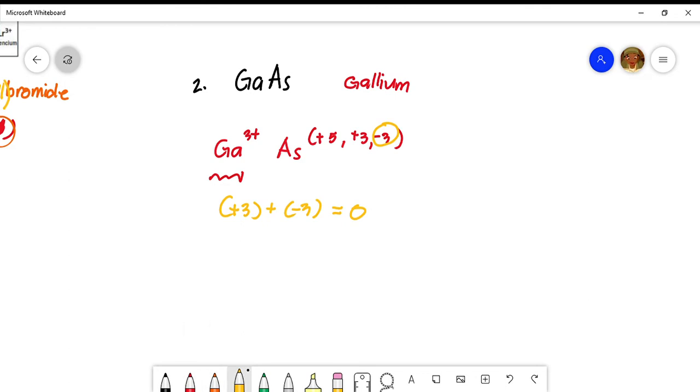So we do not leave this here since gallium only has a positive 3 charge. So we can directly write this as gallium arsenide.